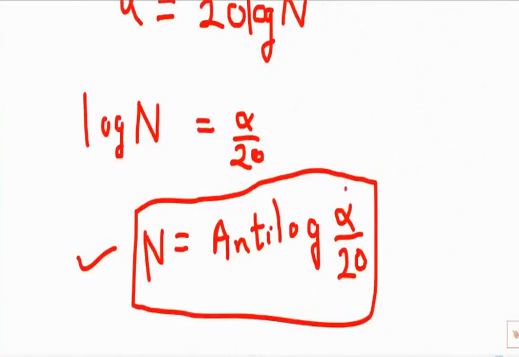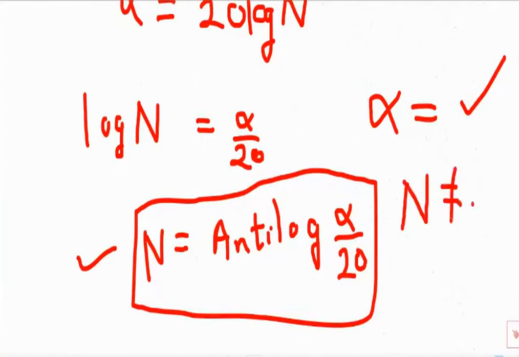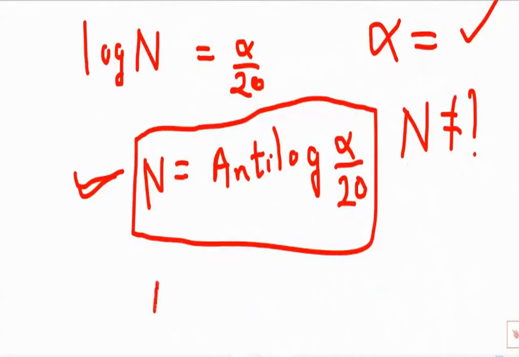In the questions that come, alpha will be provided. They will not provide you capital N directly. So from alpha you have to get capital N first. And R0, the design impedance, will be directly provided.